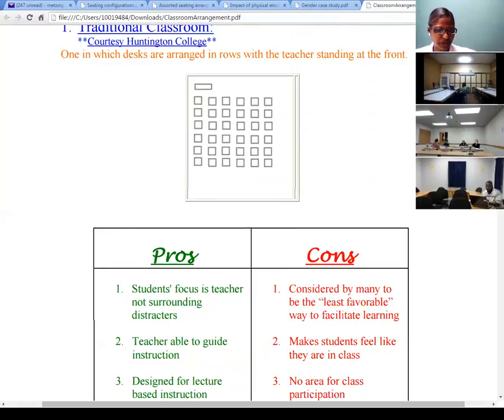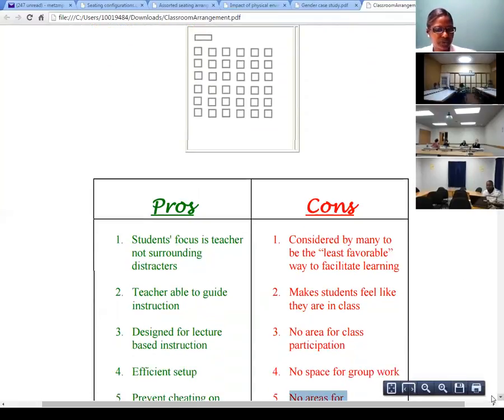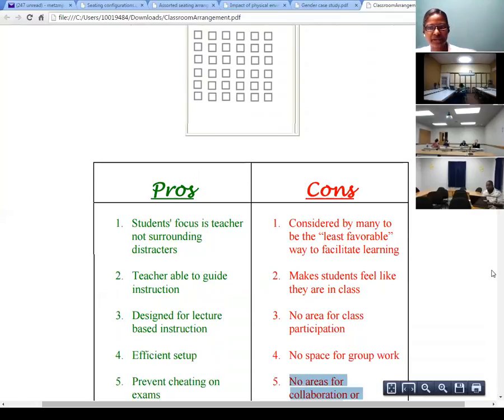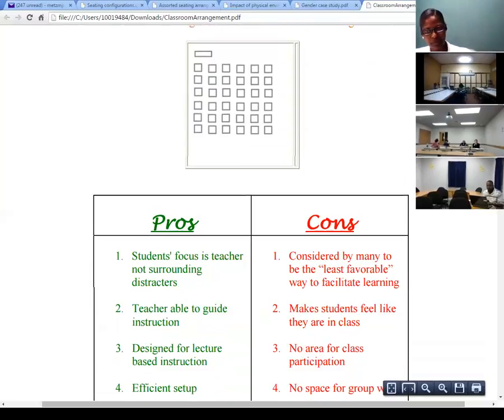Yet it's a typical one because when you look at the pros, the teacher is in charge, the teacher controls, lecture style, you get more students in there. And we want to become aware that even though this might be efficient, it's not really the best learning environment. And again, why are we doing this?